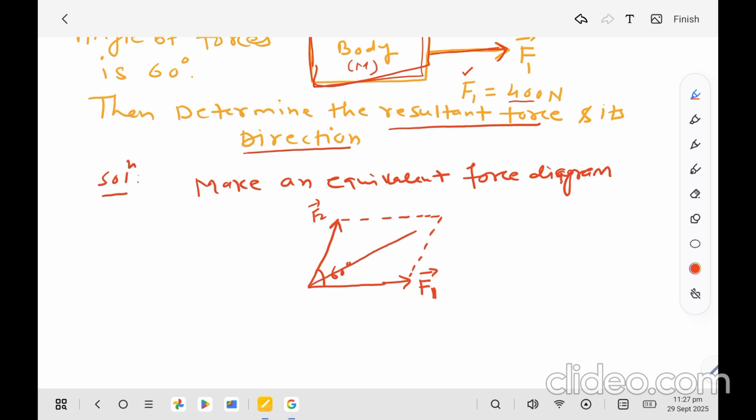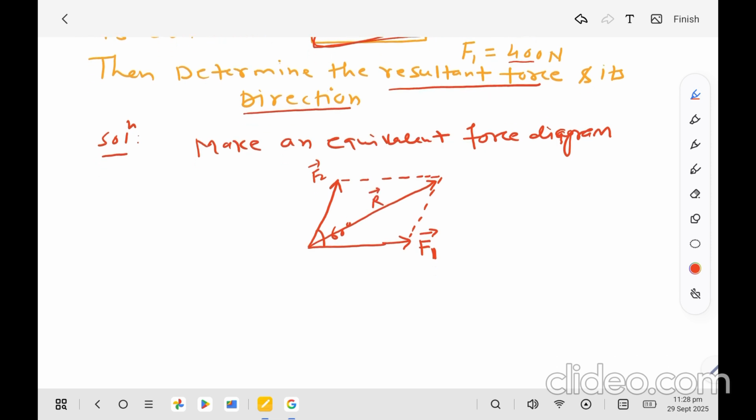After making an equivalent force diagram, I can represent one force on one side of the parallelogram, the second force on the second side of the parallelogram, then the diagonal of this parallelogram will represent the resultant force. So this is the resultant force R, and the angle of R with F1 is alpha.